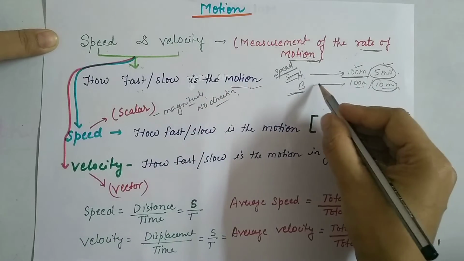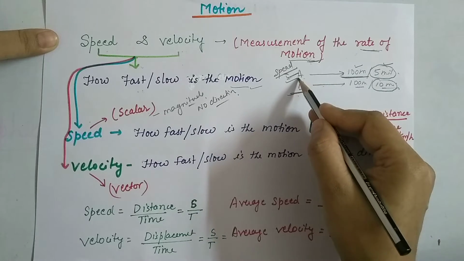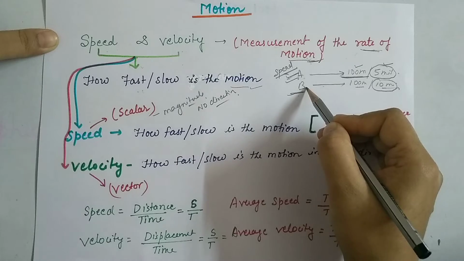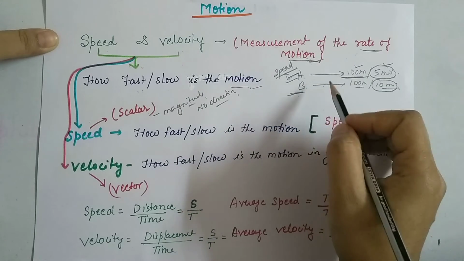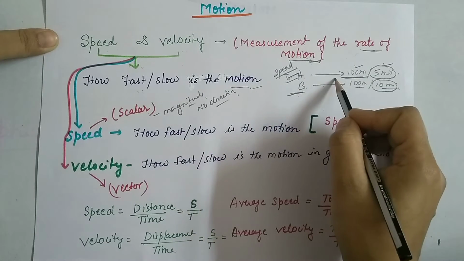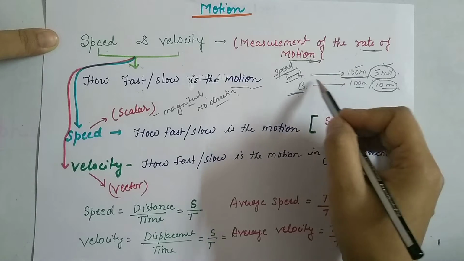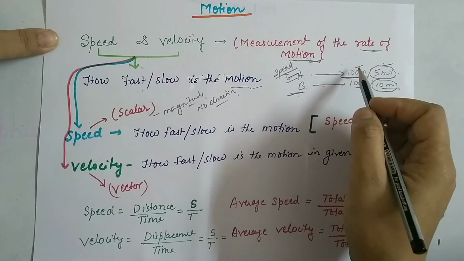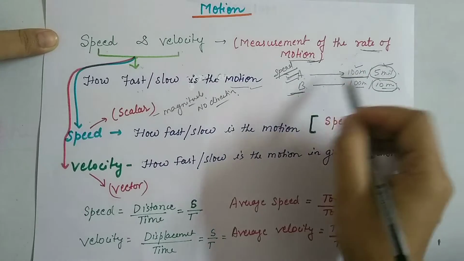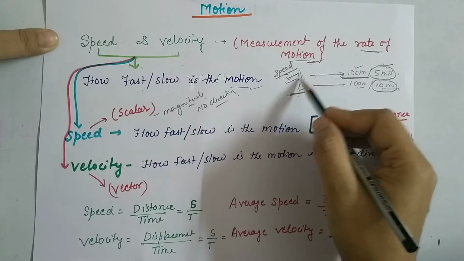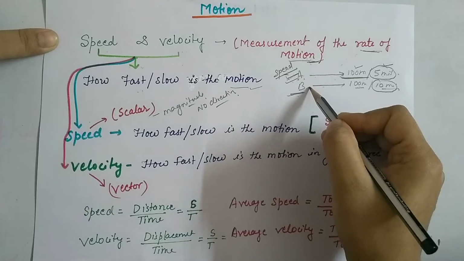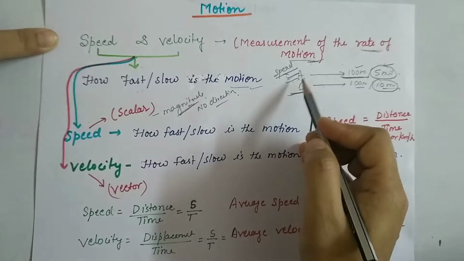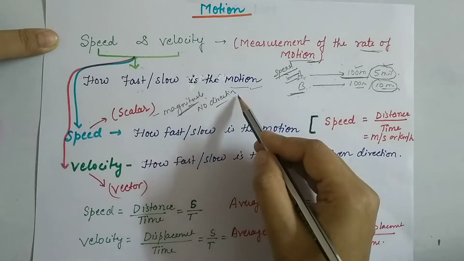In this example, the speed of A is faster than B, but no direction is clear, whether A is moving east, west, north or south. Only the magnitude is clear, that A's speed is more than B's.